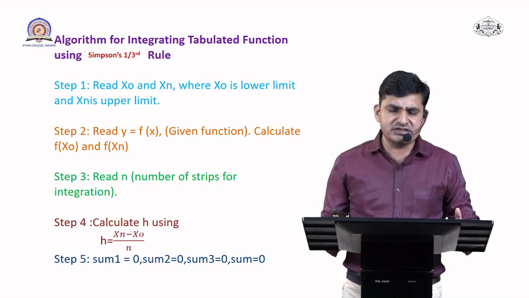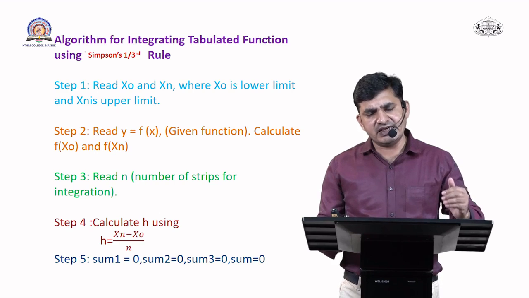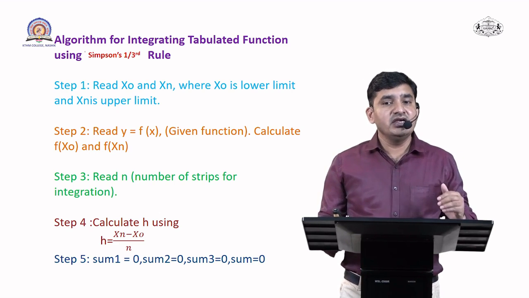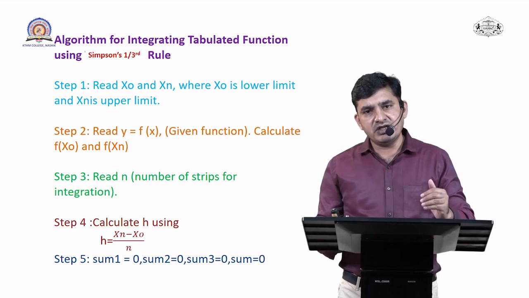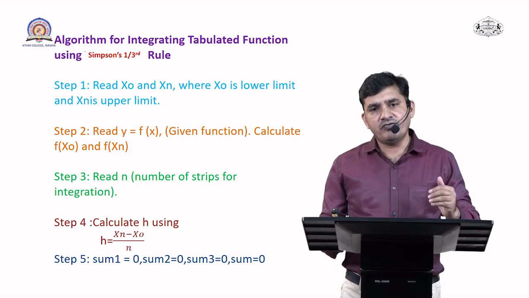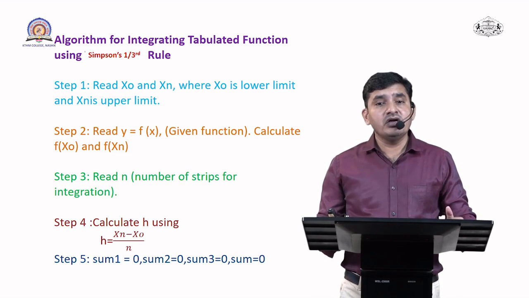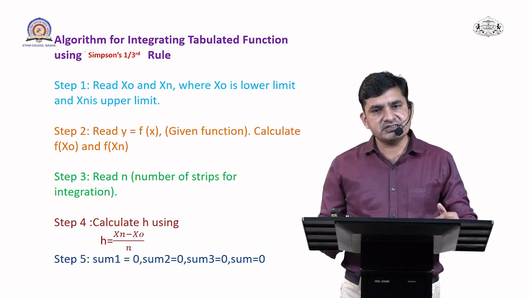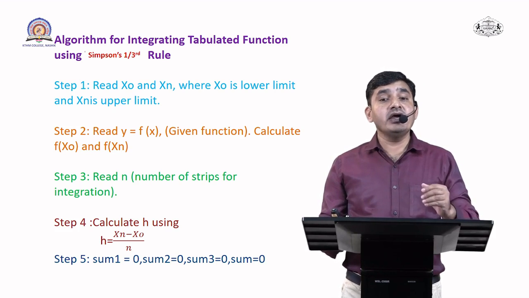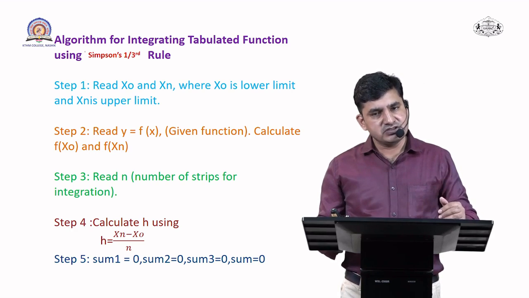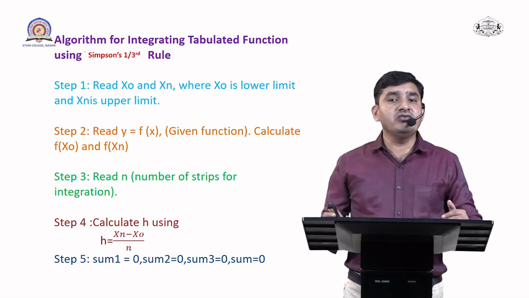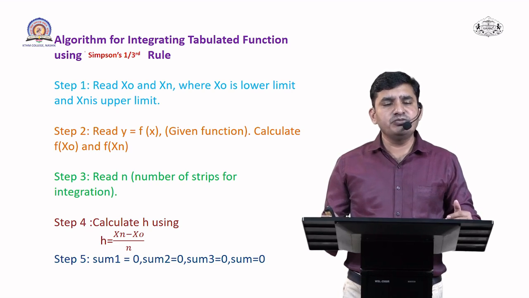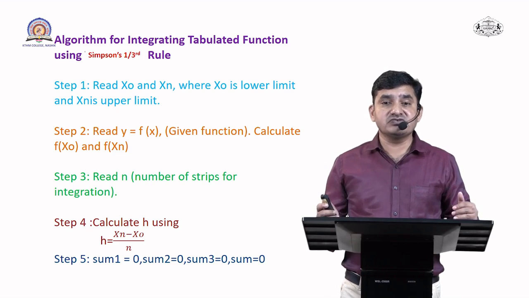Again, Simpson 1/3 rule is the integration of x0 to xn y dx, which is equal to h by 3 in bracket y0 plus yn plus 4 in bracket all odd terms, that is y1 plus y3 plus y5 and so on up to yn minus 1, plus 2 in bracket all even terms, that is y2 plus y4 plus y6 and so on up to yn minus 1.